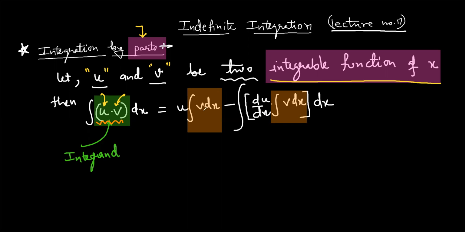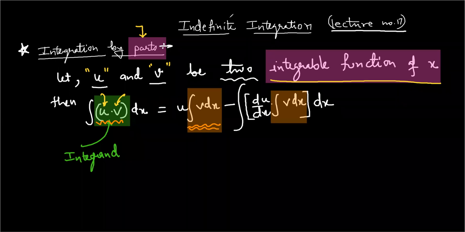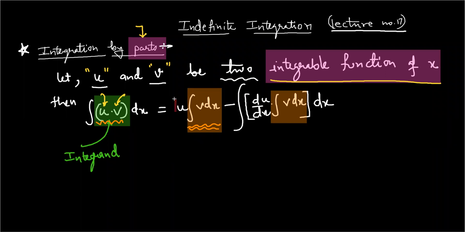When you integrated the first time, you multiply u. When you integrated the second time, you multiply the derivative of u with respect to x. And this second time, you integrate once again with respect to x and subtract it.